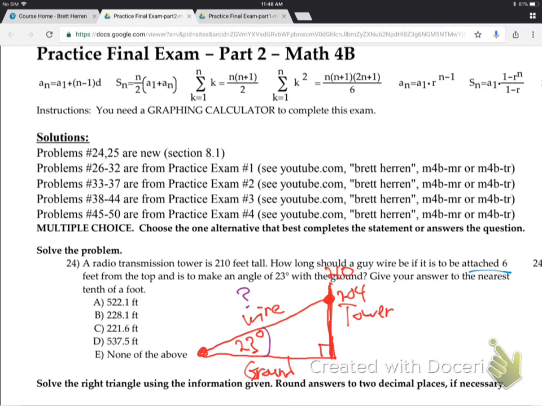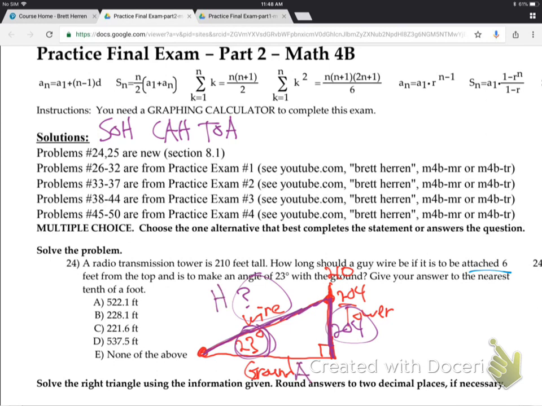How do you find the length of this wire here? What should we do? We want to talk about SOHCAHTOA. So we have this angle. From there to there is 204, to the top of the triangle. I don't need the 210, just to where the wire hits at 204. That's the side I want, so I want the hypotenuse.